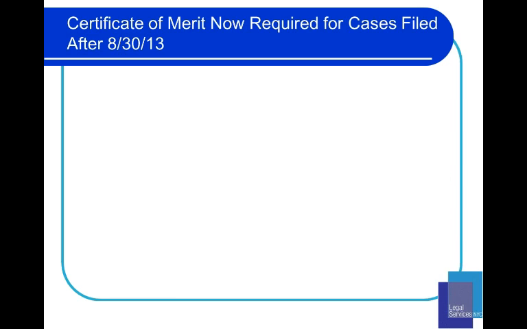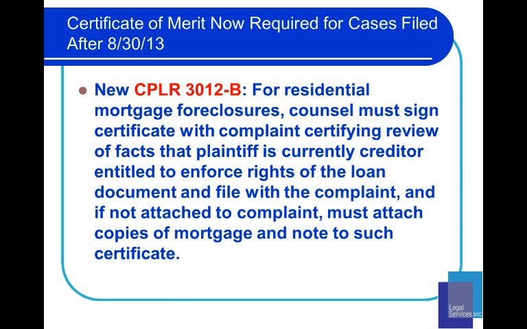But in any event, in the meantime, in response to the fact that the attorney affirmation rule was not working when the affirmation was tied to the RJI rather than to the summons and complaint, a certificate of merit bill was passed this past summer, effective as of August 30th. Hopefully most of you are aware of that now.